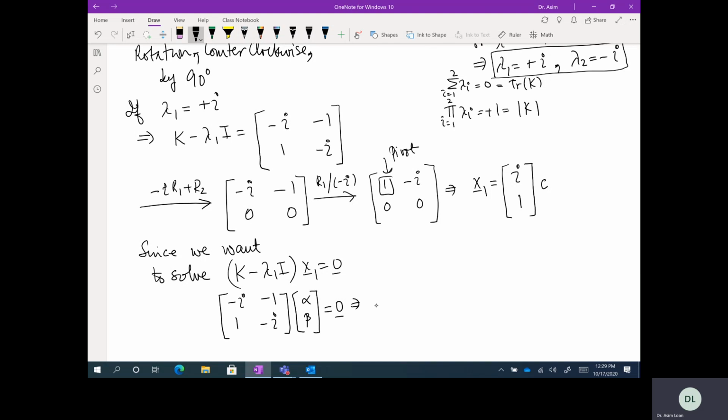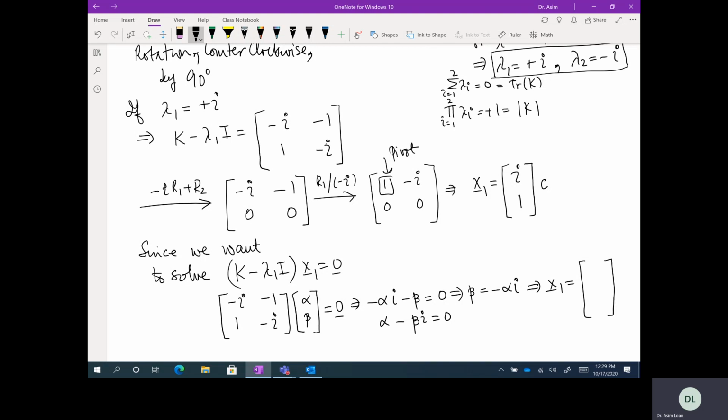This implies minus alpha iota minus beta equals 0, or alpha minus beta iota equals 0. So from here, I can pick beta equal to minus alpha iota.